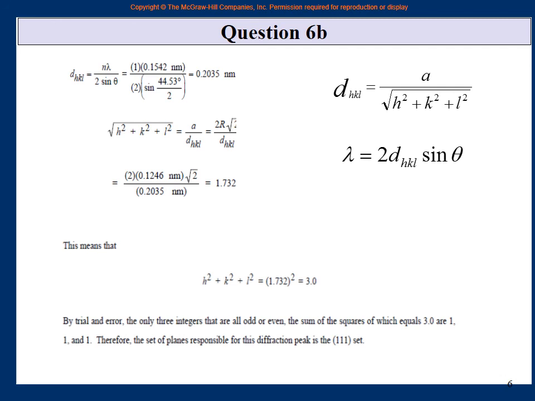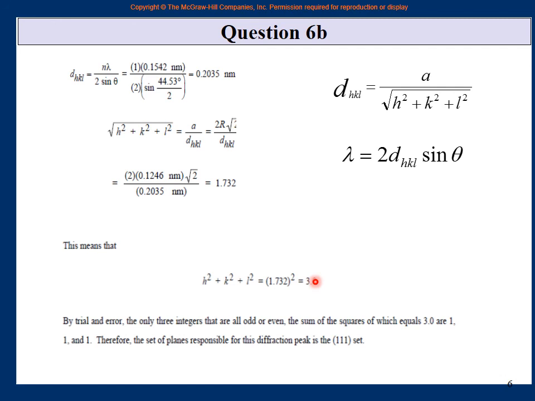So all even, you start with 0, 0, 0. Their sum cannot be 3. You go to 1, 1, 1. So 1 squared plus 1 squared plus 1 squared, is it 3? That is it. It is 3, right? So you have found the sum of h squared plus k squared plus l squared. It comes out to be 3.